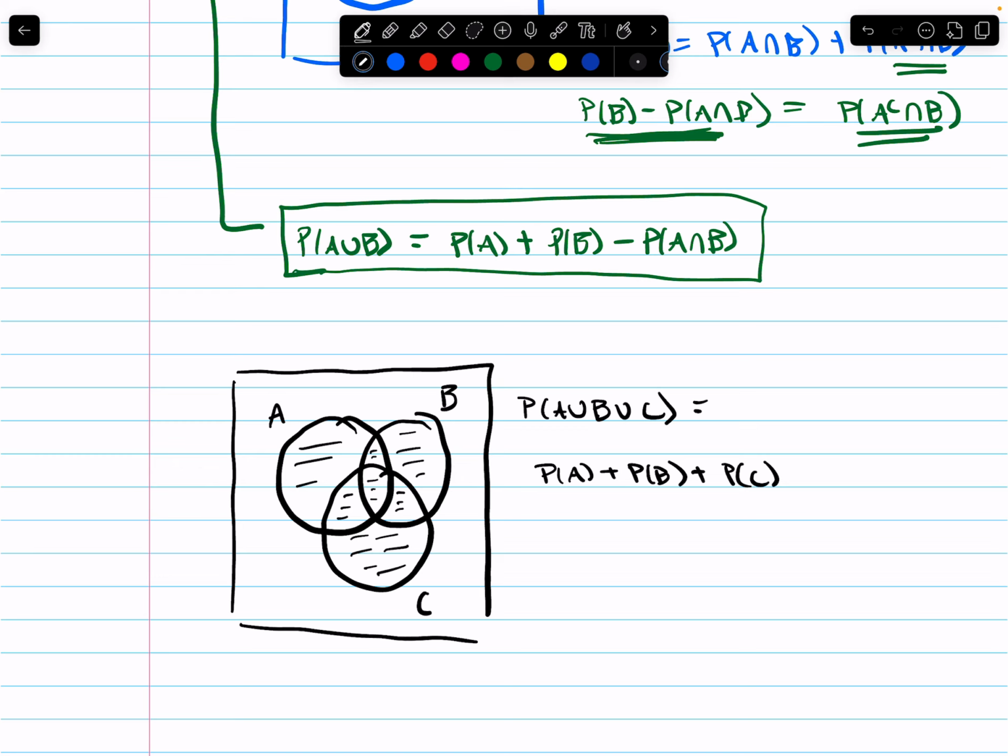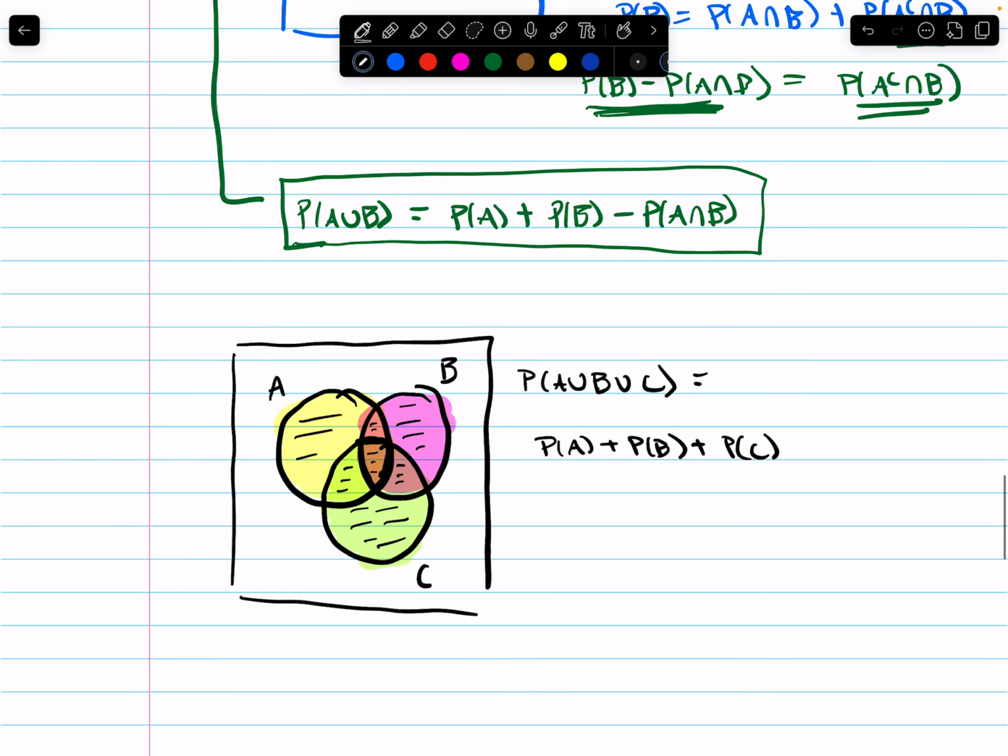And notice that if we add up, let's do it with a highlighter here. If we add up all of A, and then if we add up all of B, so notice I'm counting that football twice. And then let's add up all of C. So I've counted each football twice, but the one in the very, very center, this one right here, I've added 3 times.